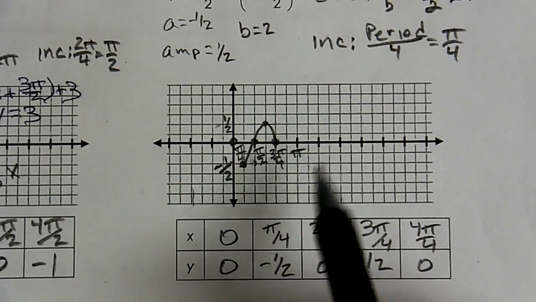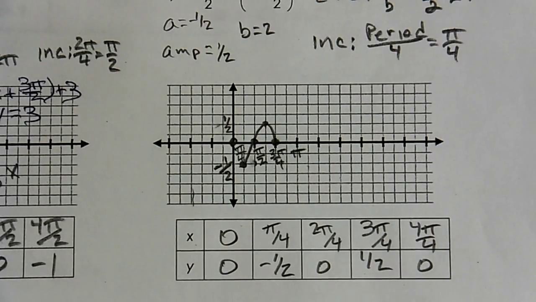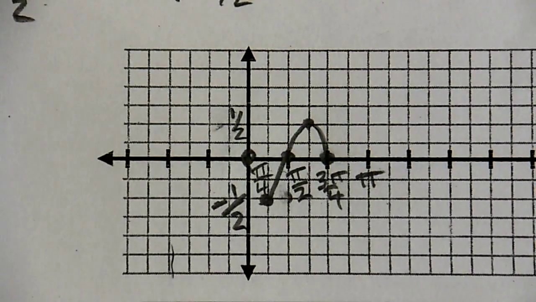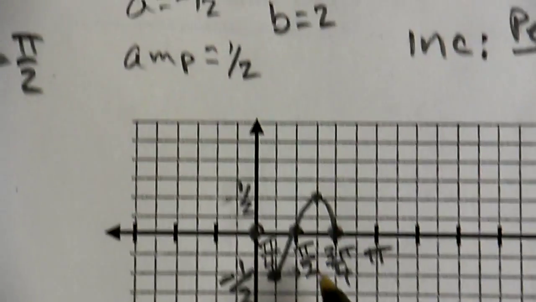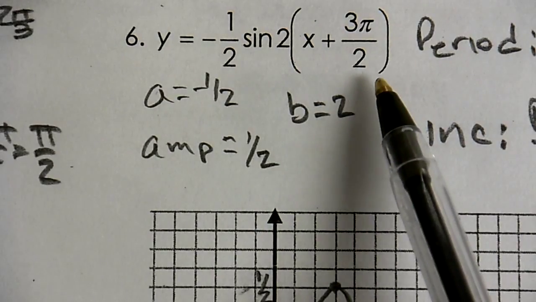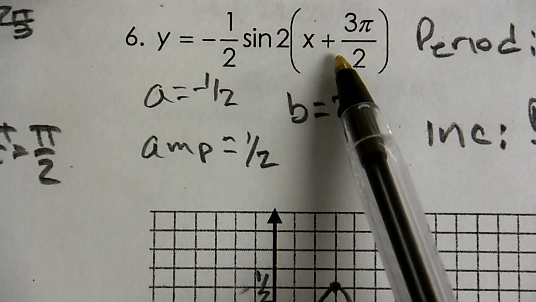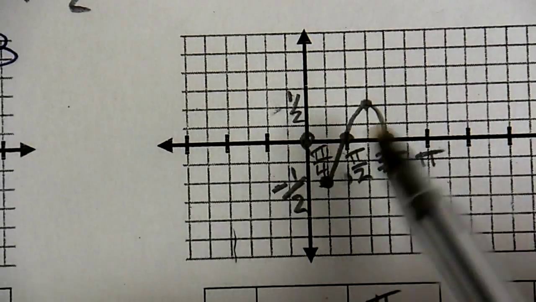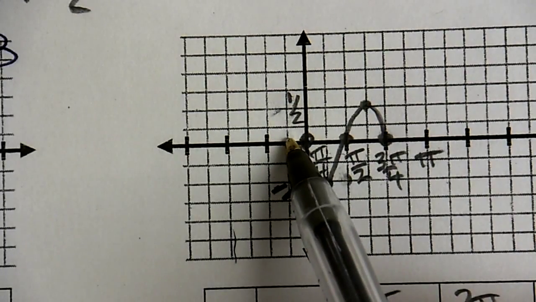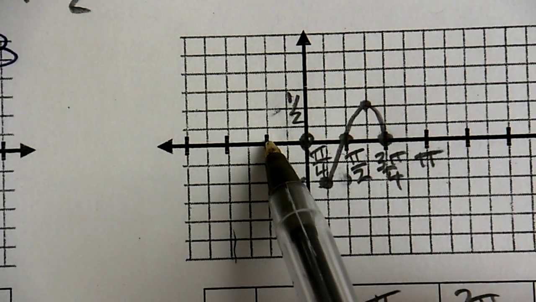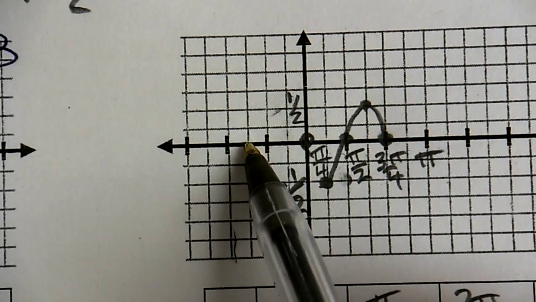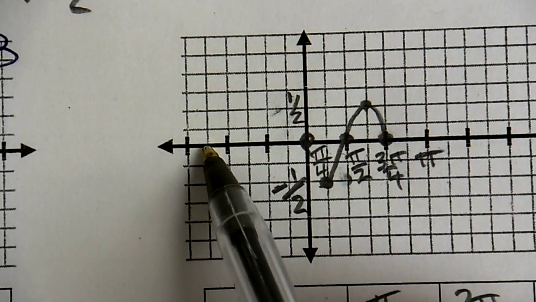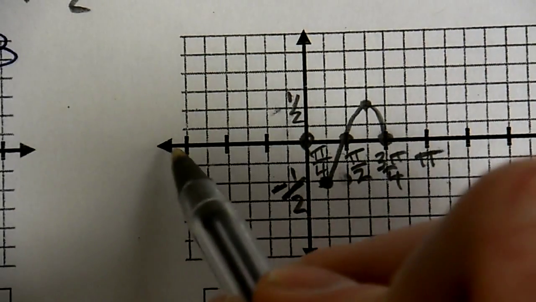So now we're going to translate this pi over 3 to the left. Pi over 3 to the left. 1/4. This is 2 quarters. 3 quarters. 4 quarters. 5 quarters. And 6 quarters.